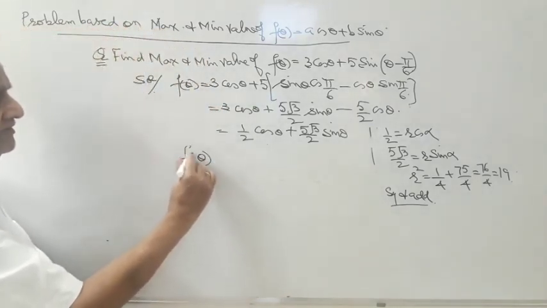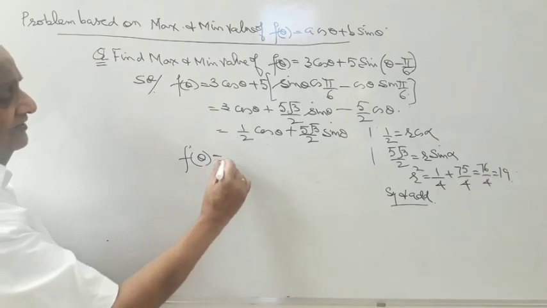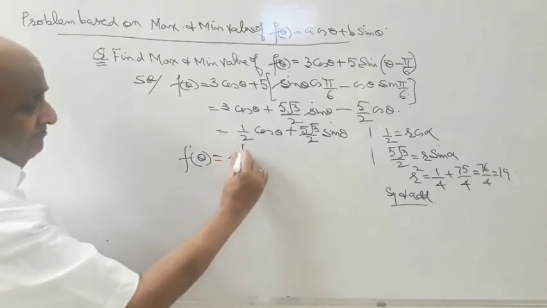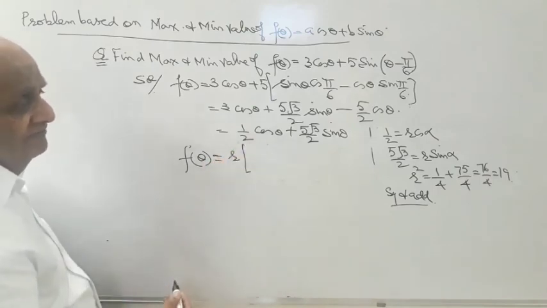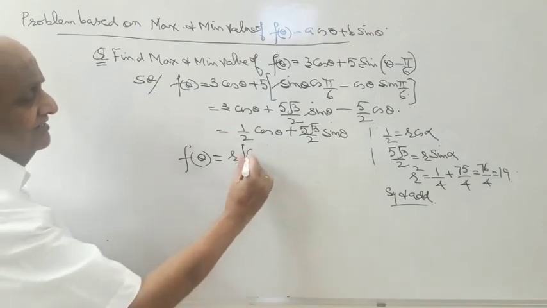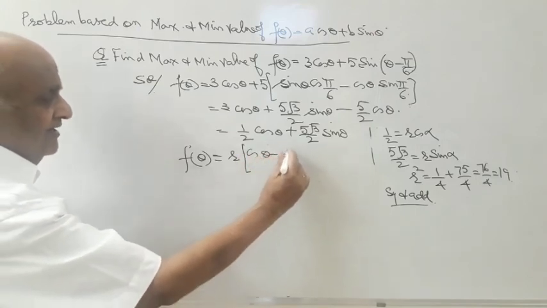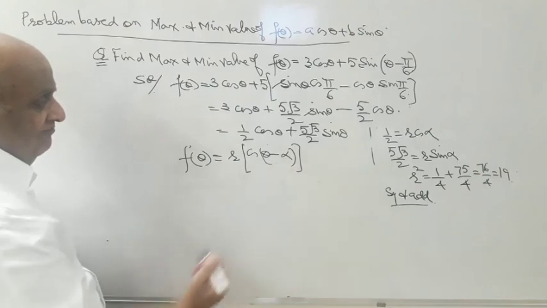F theta is r common, cos theta cos alpha plus sin theta sin alpha, cos of theta minus alpha, like this.